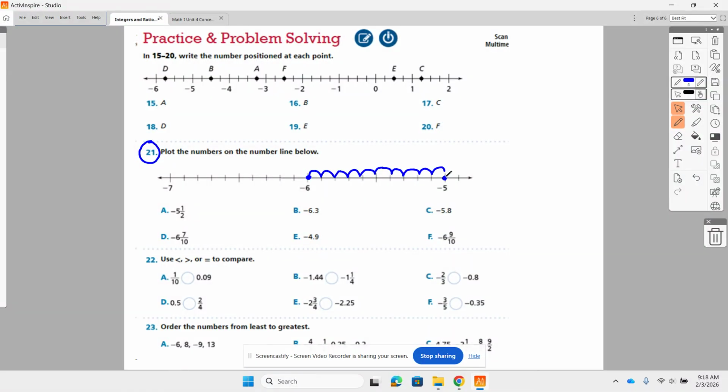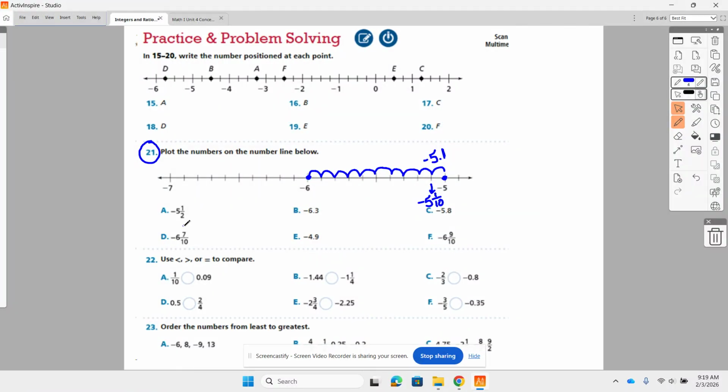Do you think you might know what each of these are worth? Okay, if you were thinking tenths, you were on the right track. So this one is going to be the same as -5 and 1/10, or as a decimal, -5.1.